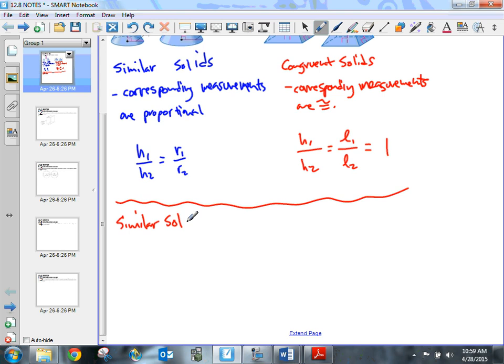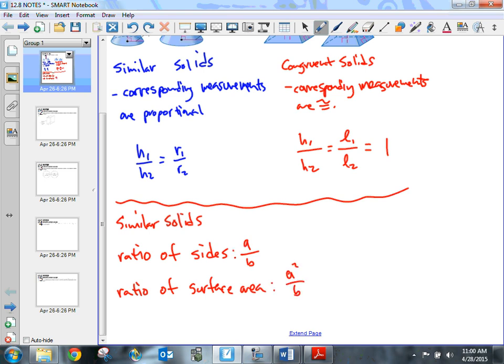We can talk about the ratio of side lengths, the ratio of sides, and that would be just a simple ratio A over B. If we talk about the ratio of surface area, that's going to give us A squared over B squared, which is the quantity A over B squared.